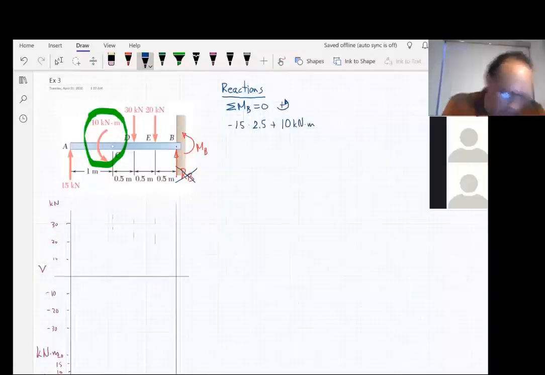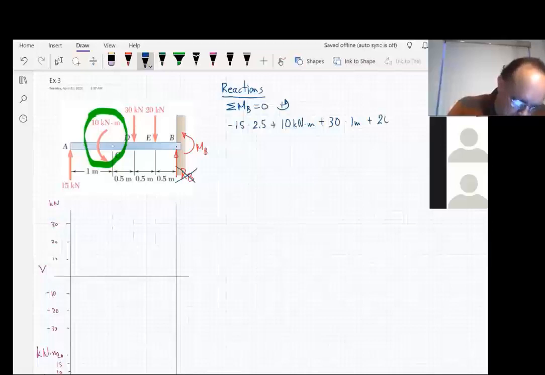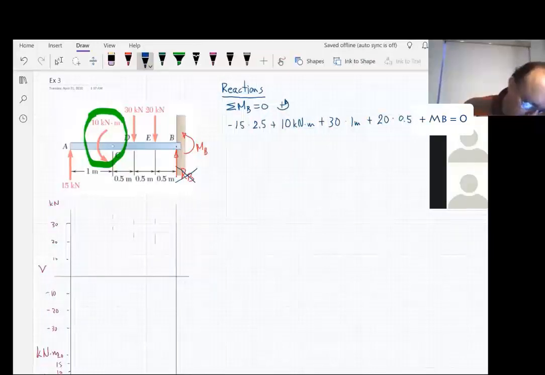Then the 30 kilonewton load in positive direction, so plus 30 times 1 meter. Then plus 20 times 0.5, plus MB equals 0.